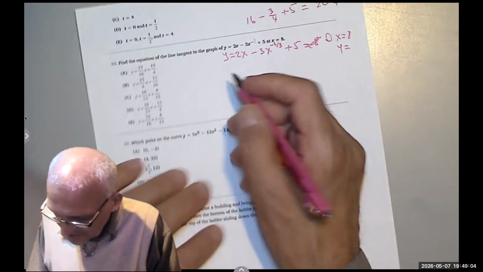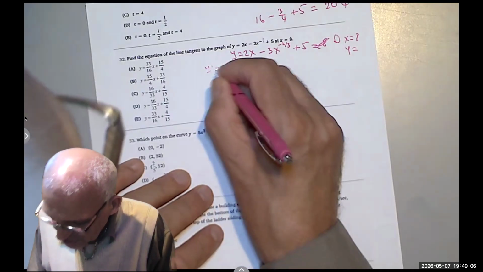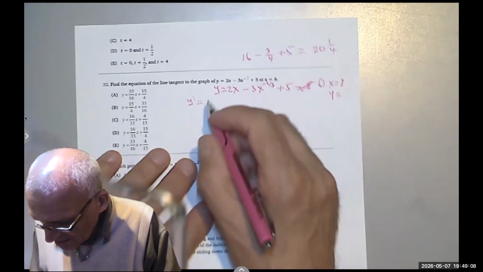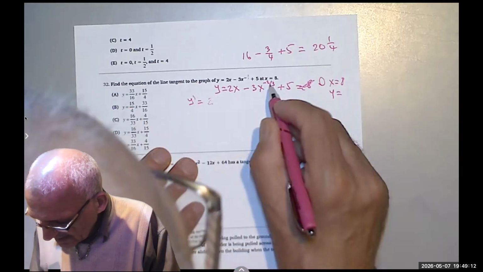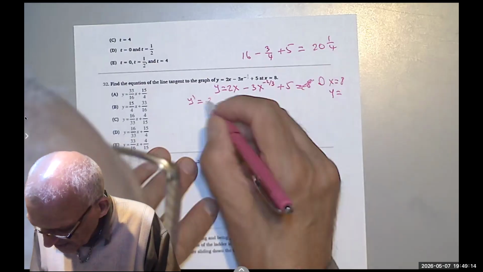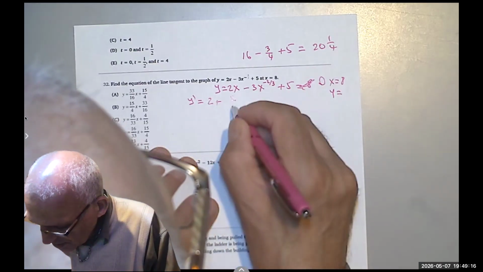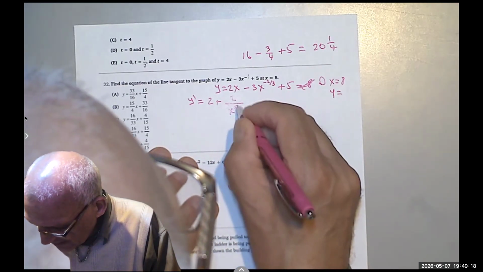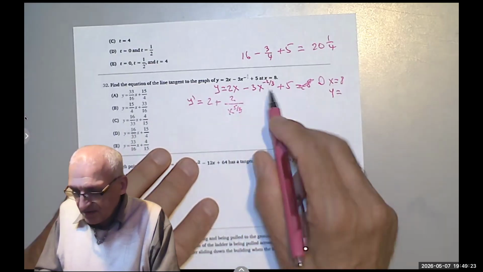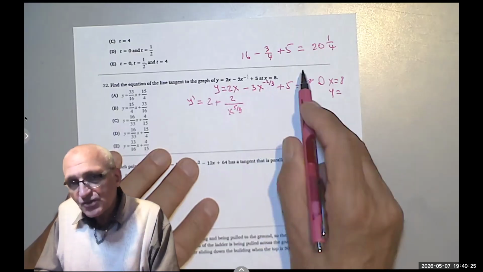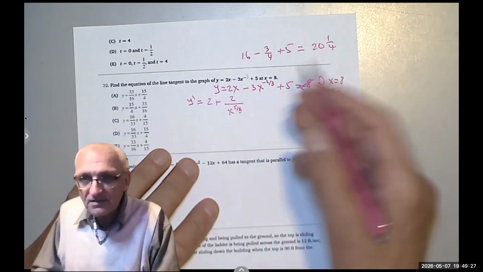Now I take the derivative, so I say y prime, which is the slope of the tangent line, is 2. And then I have negative 2/3 times negative 3 is plus 2 over x to the 5/3. It's x to the negative 2/3 minus 1, but minus 1 is minus 3/3.